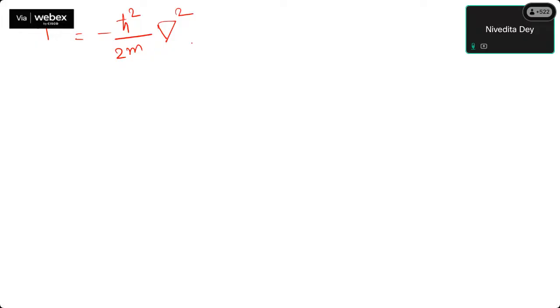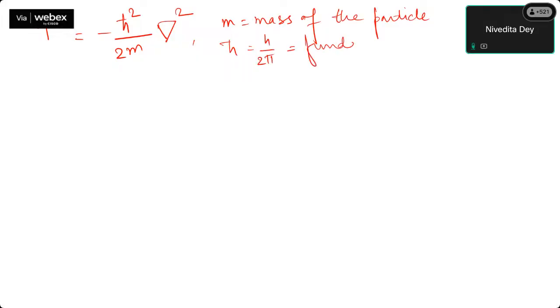Here m is the mass of the particle, and h-bar, the reduced Planck's constant, is a fundamental constant in quantum mechanics.